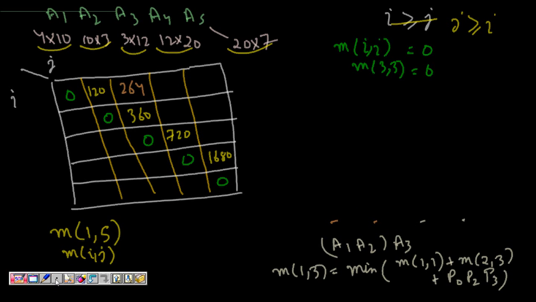So what we do now is that we try to calculate, for one example, M2,4.